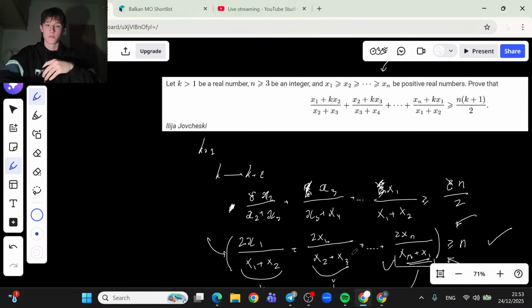There's no reason why he should have said that k is greater than 1 if it's not true. So we just have to focus on k greater than 1. That's the only lead we have.